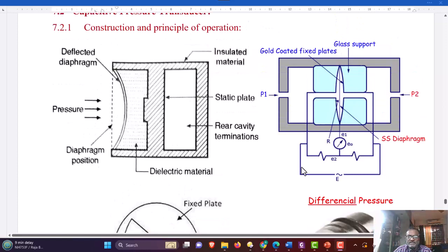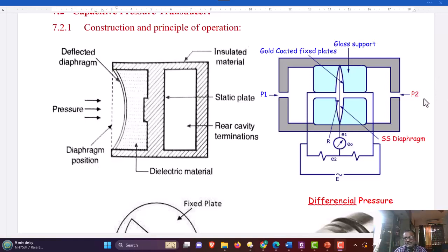Such a differential pressure transducer can be used for measurement of barometric pressure, that is pressure measurement with respect to atmosphere. Or one of the pressures is maintained at absolute zero, sealed with a vacuum, and the other port is applied with the pressure to be measured.